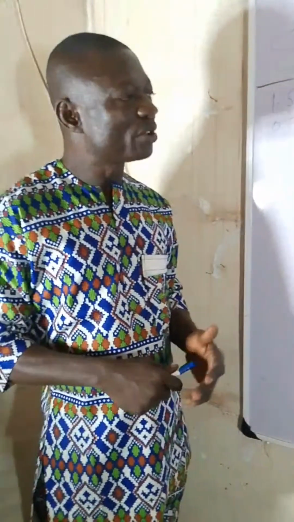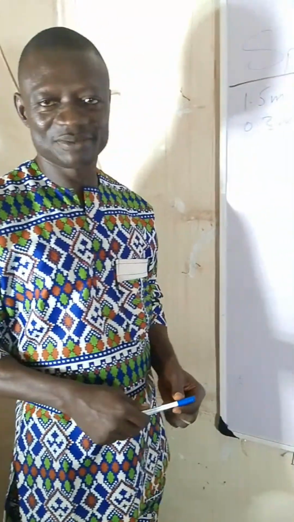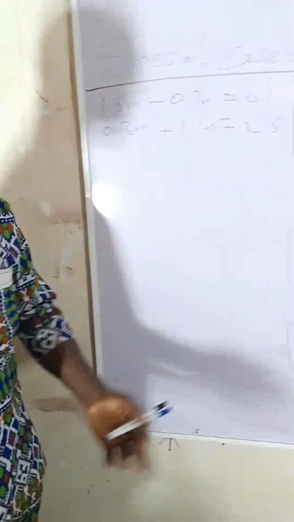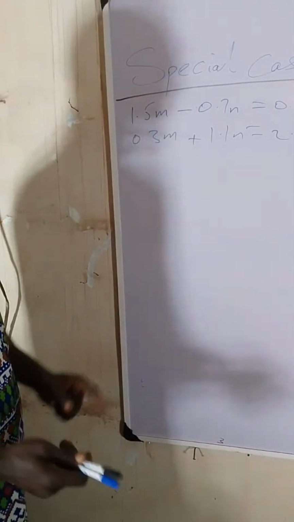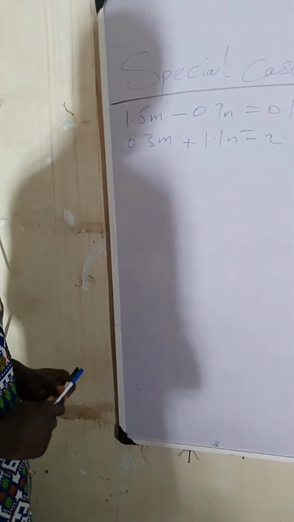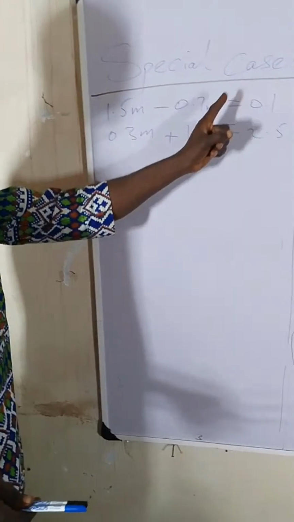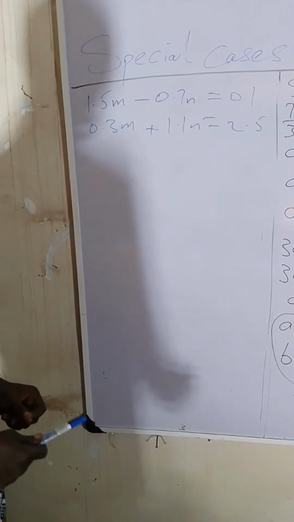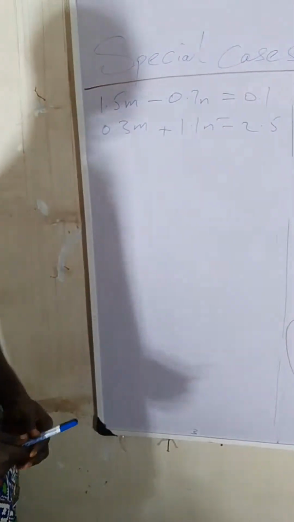And some people are not really at home with decimal numbers. And we just want to make it easier for them. What are we going to use here? We are sure that in any simultaneous equation, when you have multiplied all the numbers in that equation by a particular number, or divided by a particular number, the equation remains the same.